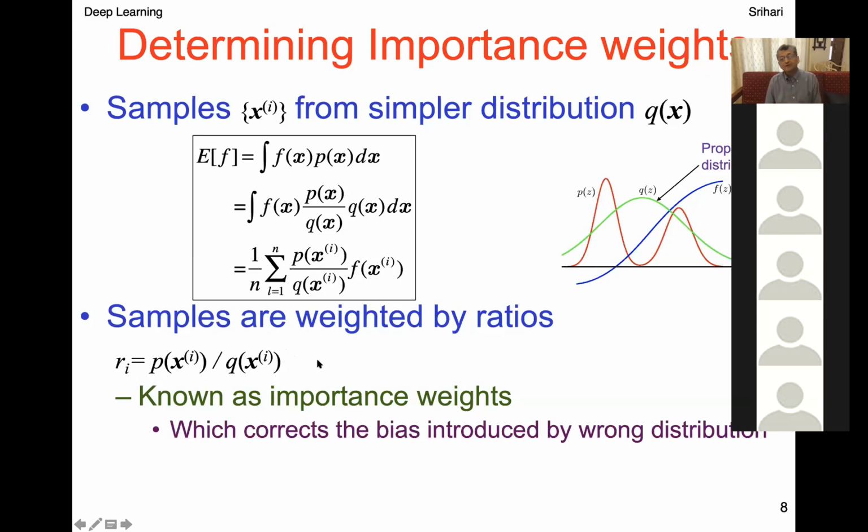These are called importance weights, which correct the bias introduced by the wrong distribution. So we have a distribution to sample from, but we have gone about getting samples from something else. So we say there's a bias here from that distribution, and we're saying, can you correct the bias by not considering every sample to be equally important?